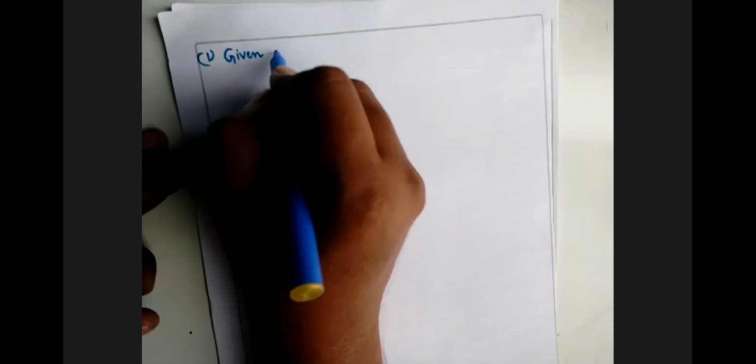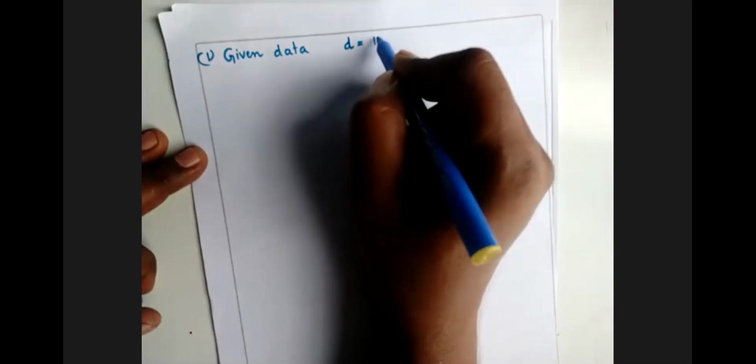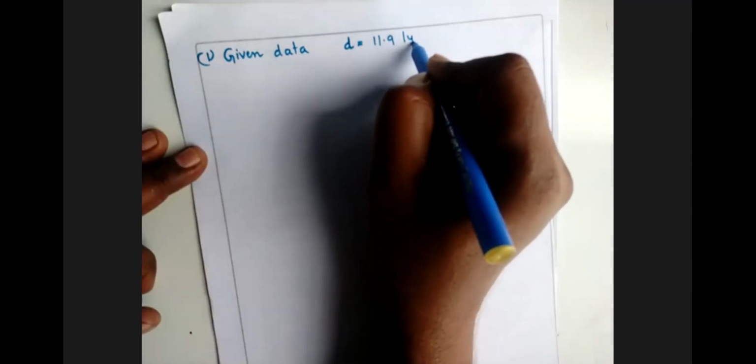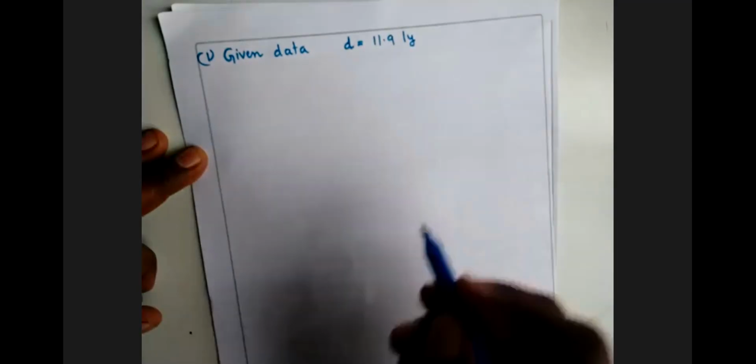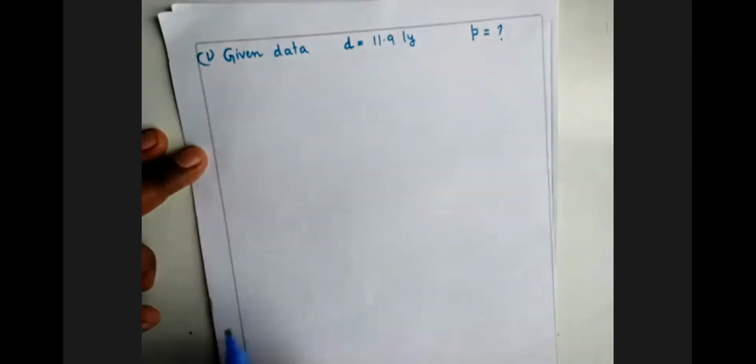Now, to solve this, the given data is the distance of the star, equal to 11.9 light years. The quantity which you need to find out is the parallax angle P.